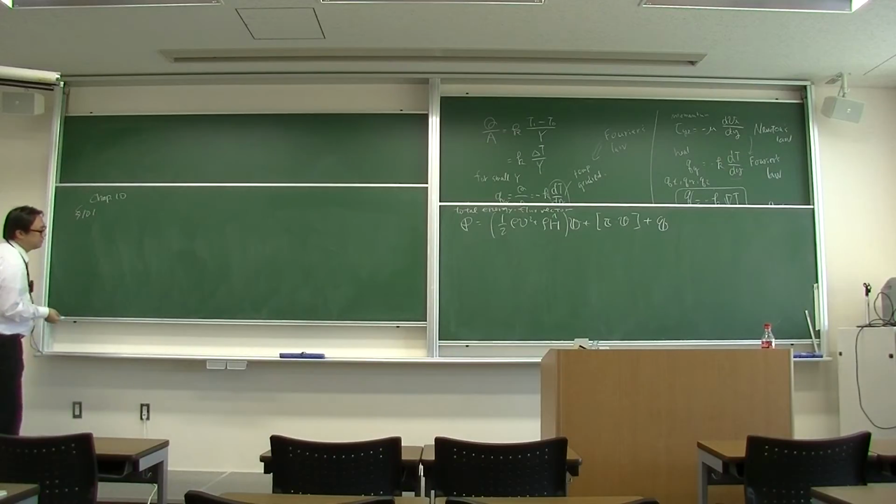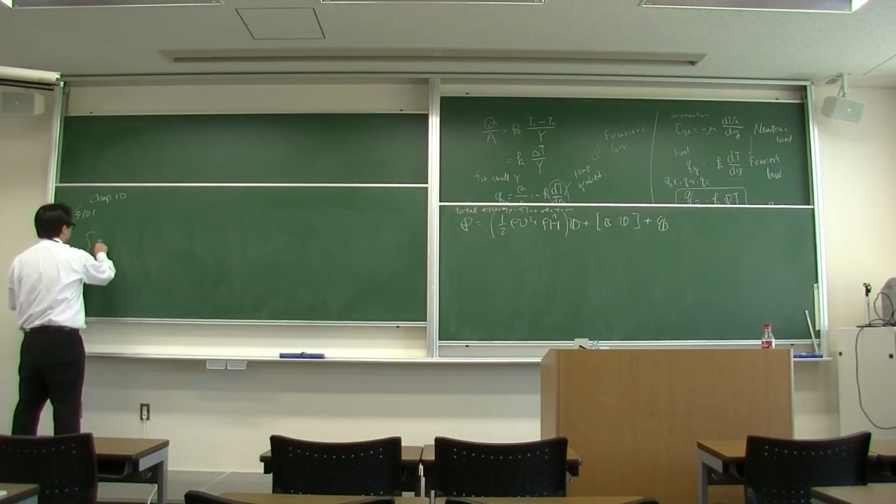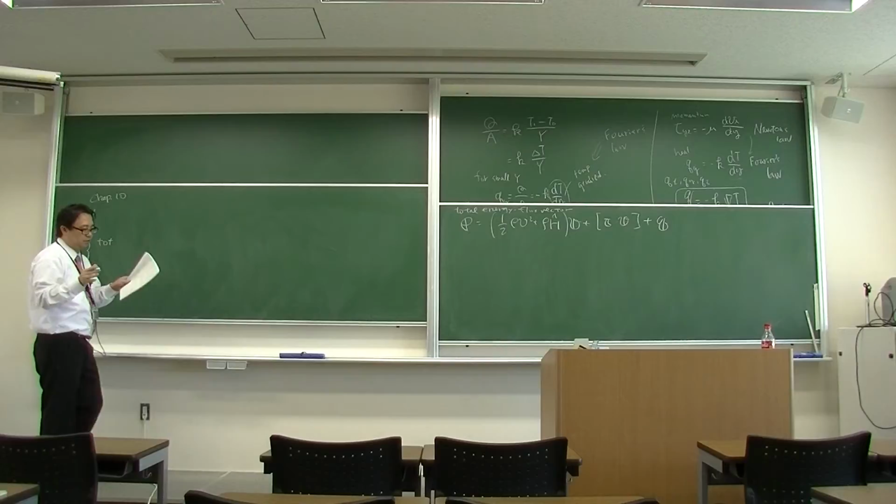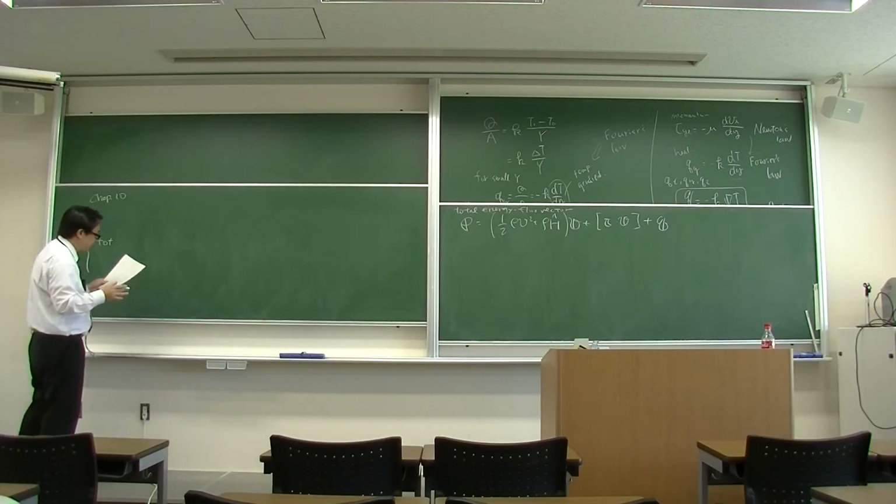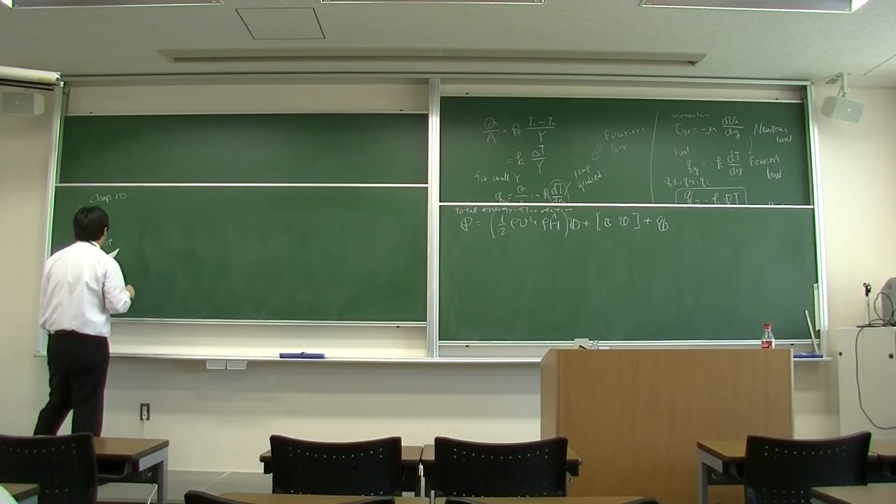The shell balance is very simple. Because the temperature, heat, is a vector, not a tensor.